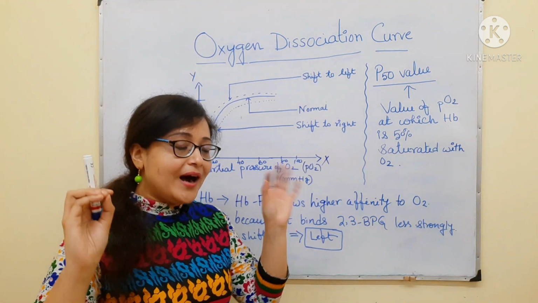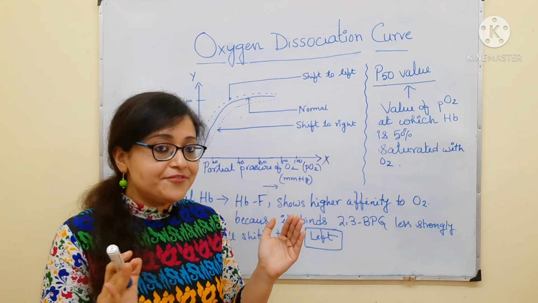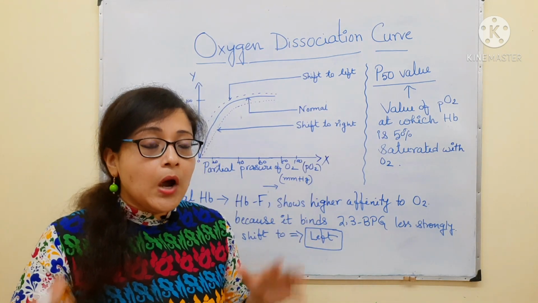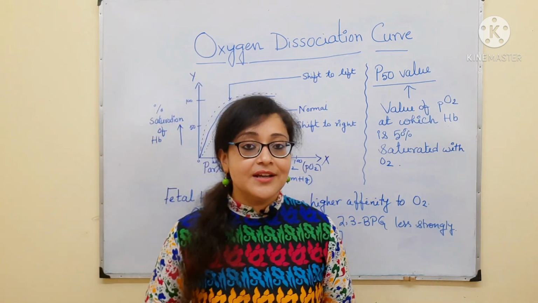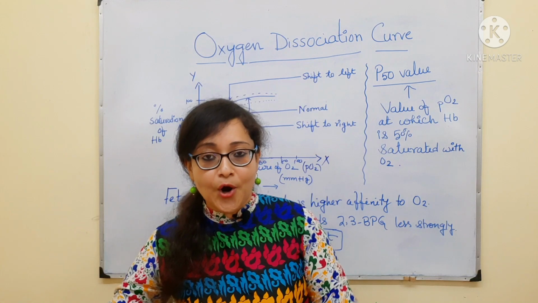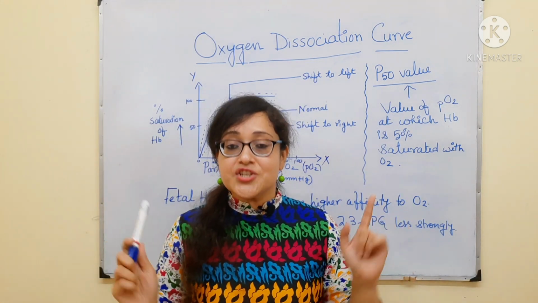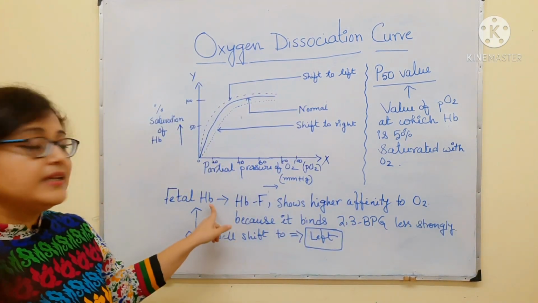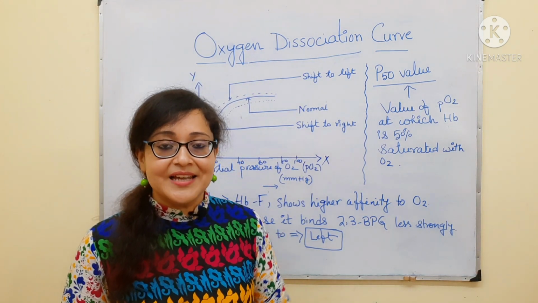So just try to assume fetal hemoglobin, if it shows more affinity towards oxygen, what would be the fate of oxygen dissociation curve? Will it shift towards right or will it shift towards left? Yes, it will shift towards left because it has higher affinity towards oxygen, right?